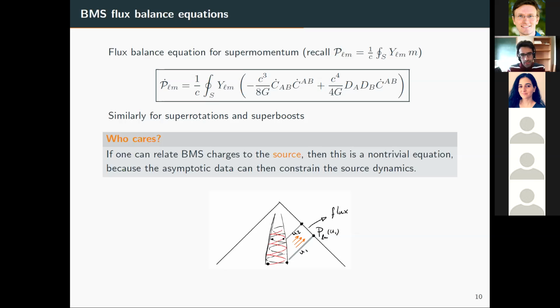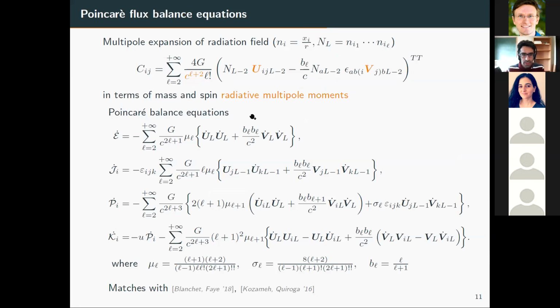Let us first focus on the Poincaré subset of BMS balance equations. The Poincaré subset corresponds to the flux balance equations for energy, angular momentum, linear momentum, and center of mass. And the fluxes are given by these expressions. Although it might look a bit complicated, everything is clear. All the coefficients are well defined, just combinatorics.